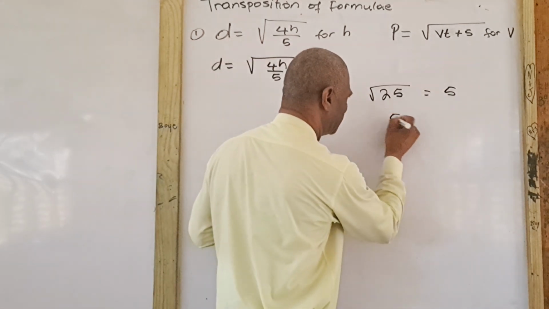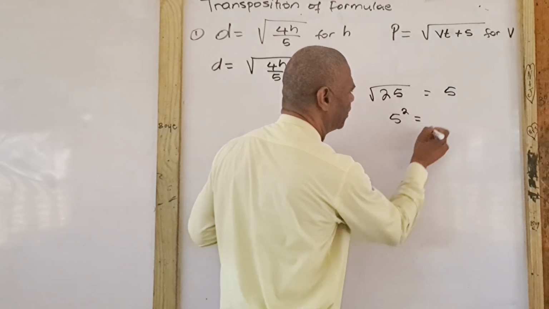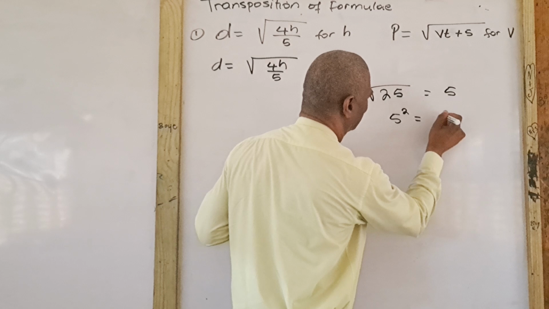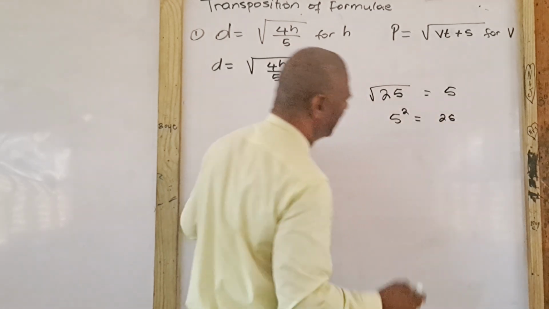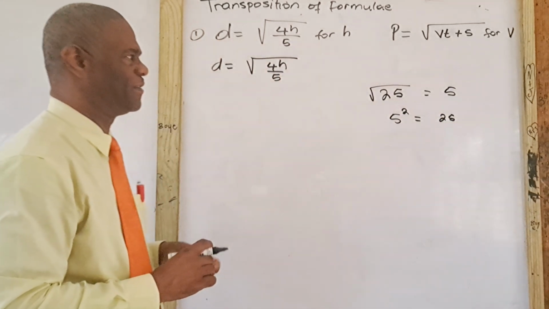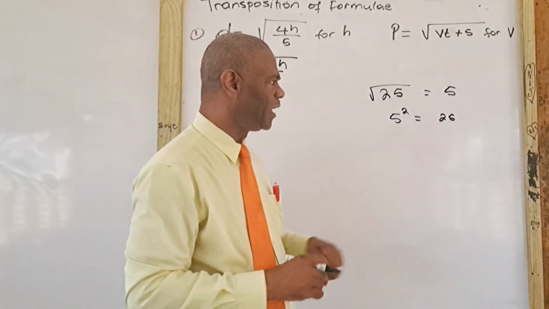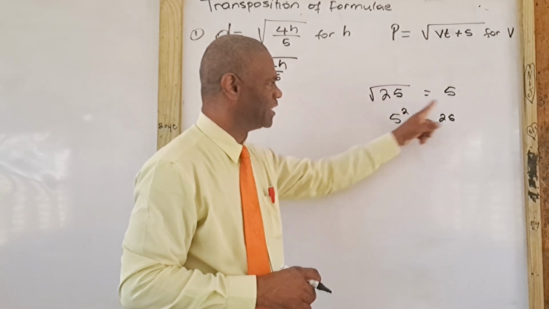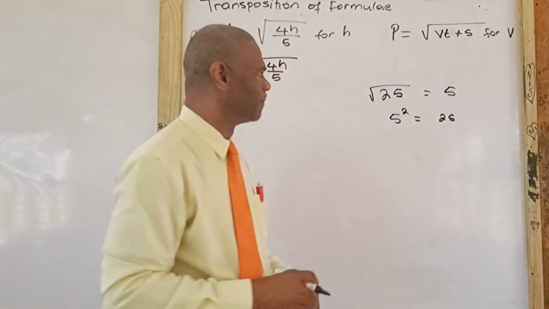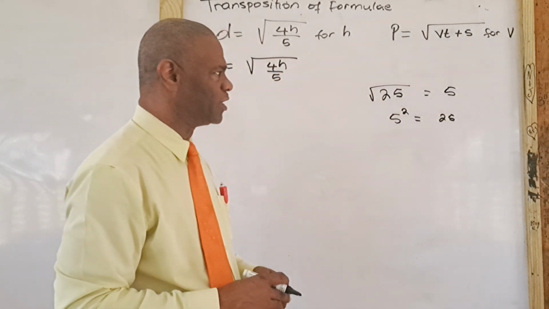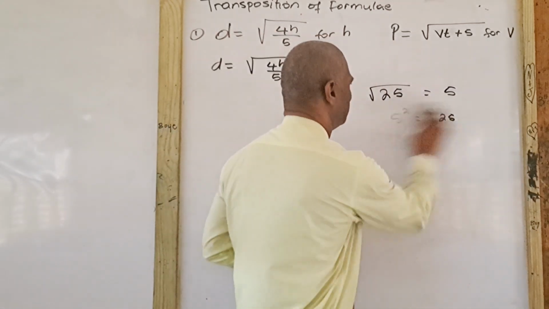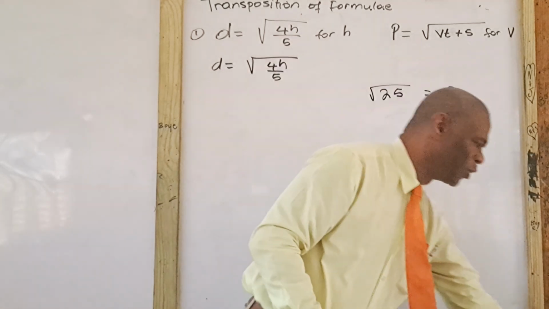Now 5 squared is equal to 25. 5 squared equals 25. The square root of 25 is 5. Now the opposite of the square root is the square.